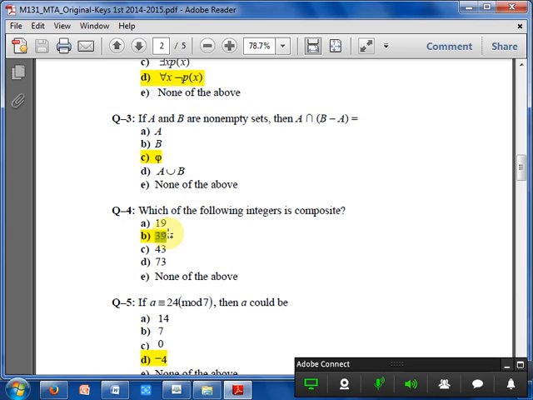By 3 it is possible. Divide by 3, it is 13, right, without remainder. So this is a composite number. Any number which can be divided by any other number is a composite number, and any number which can be divided by 1 or by itself is a prime number.